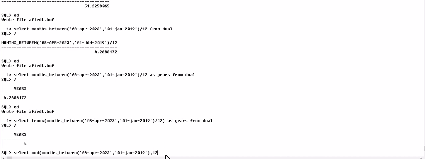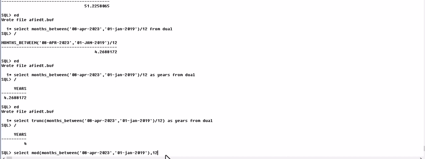If we take the number of months MOD 12, let us suppose the number of months is 12, so the MOD of 12 with 12 will be 0. This means if the total months are 12, the number of remaining months will be 0, because 12 months equal 1 year and the remaining months are 0. If there are 13 months, the year will be 1 and the remaining month will be 1. So how can we calculate it?